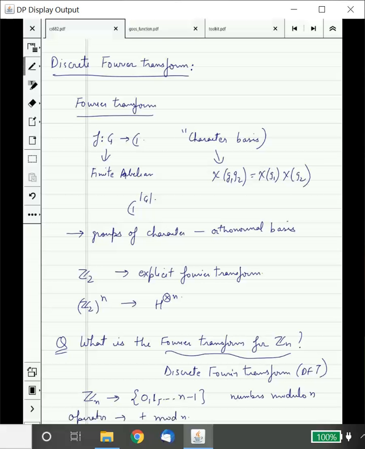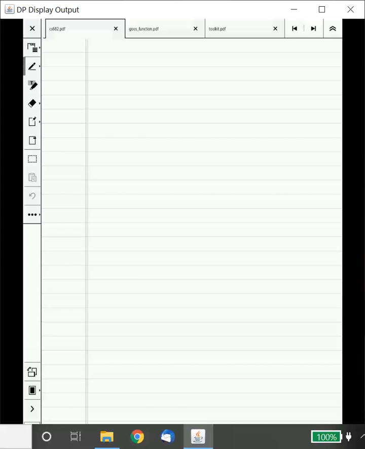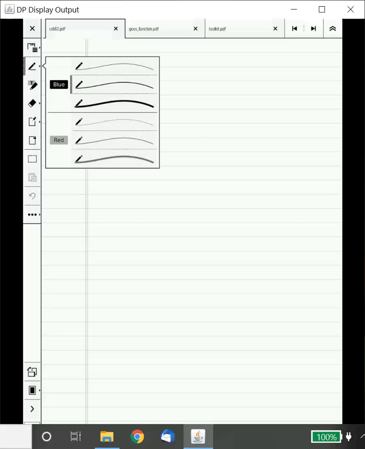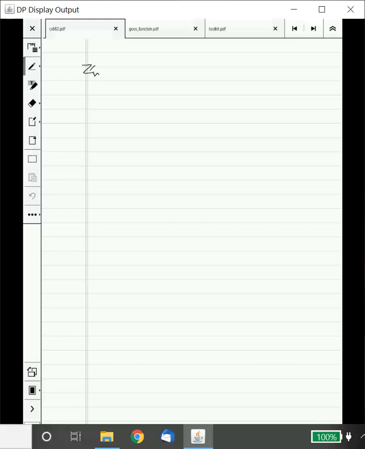That means if I take n minus 1 and add 1 to it, this is going to be 0. Hopefully I have reminded you of what Zn is. This is numbers modulo n with addition.